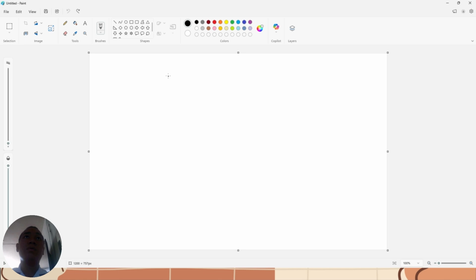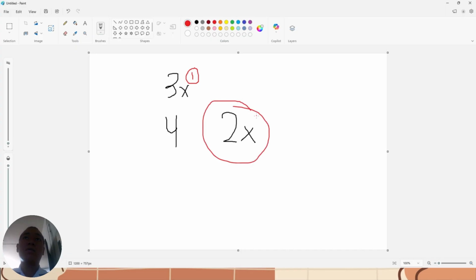Example, 3x, as there's always a hidden exponent within it. So if you're going to say 4 and 2x, naturally the highest exponent belongs here as a hidden 1.